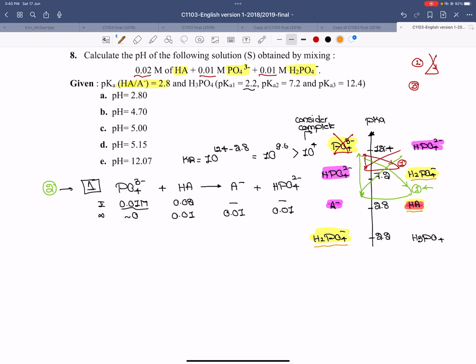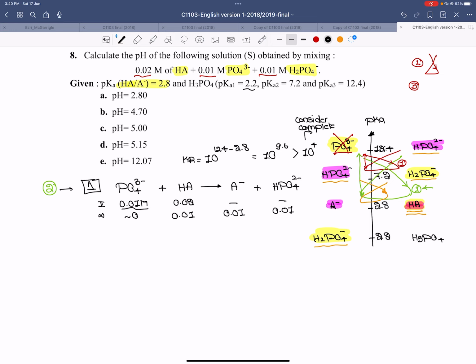H2PO4 minus again. HPO4 minus can react. There is a species that exists, which is HPO4 minus. It exists on the opposite side as a base, and an acid that exists. This reaction can take place along the gamma direction.